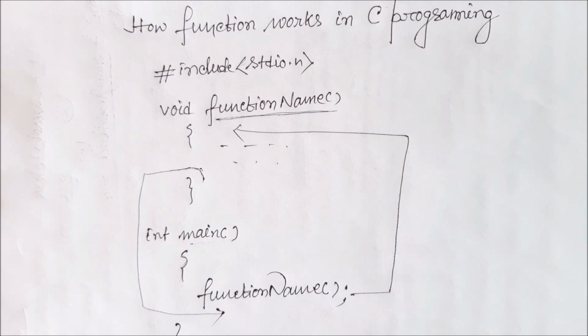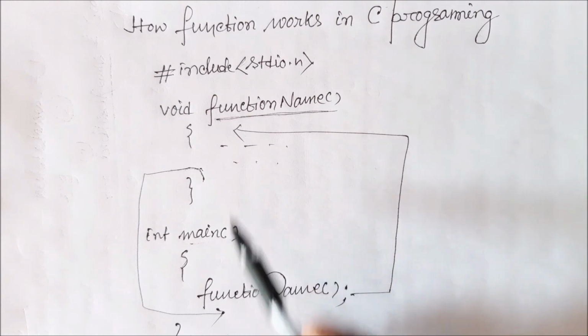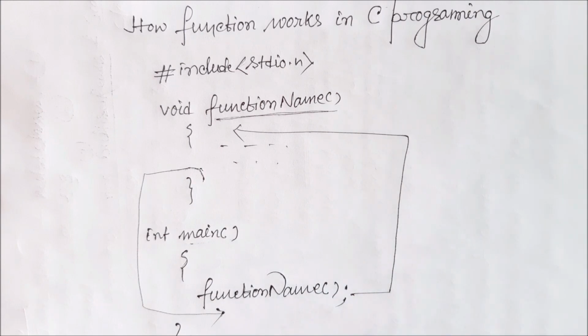In this fashion the function actually works. I will explain with an example in detail when we discuss function calling, function definition, and function return type, then it will be more clear to you.